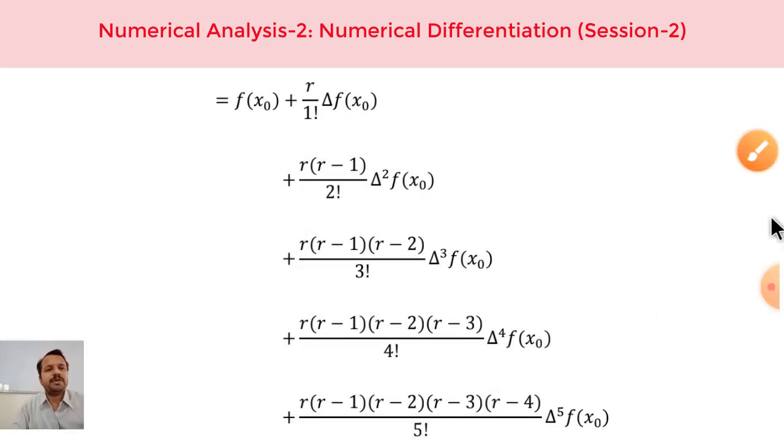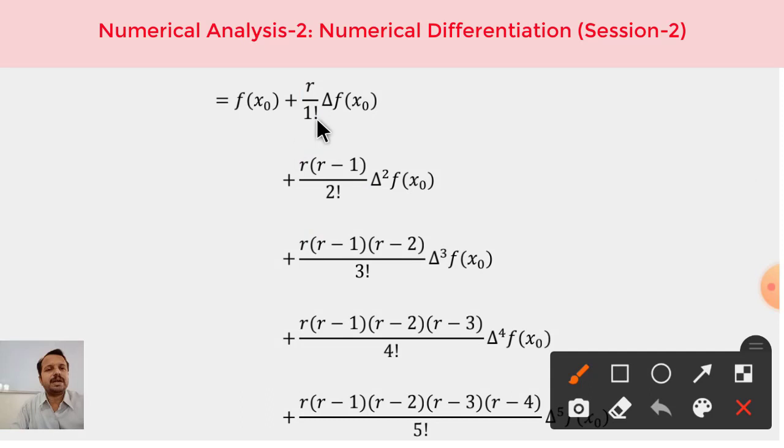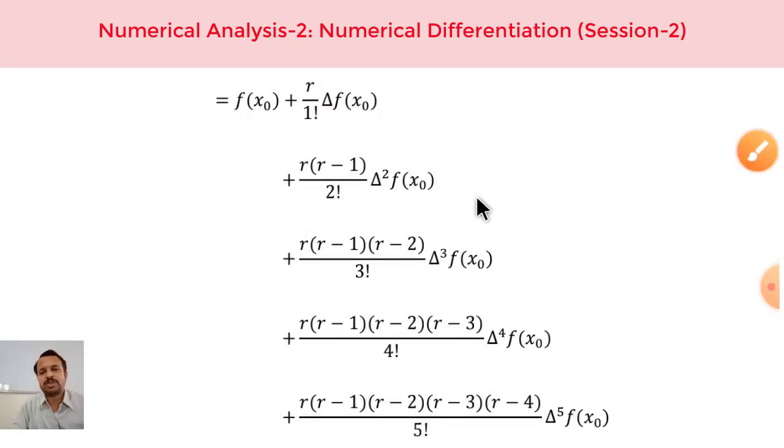Now here, what is f of x0? F of x0 is the value of f at x0. Delta f of x0 can be obtained from the forward difference table. Delta square f of x0, delta cube f of x0, delta fourth f of x0, and so on and so forth, they all can be obtained by using the forward difference table.